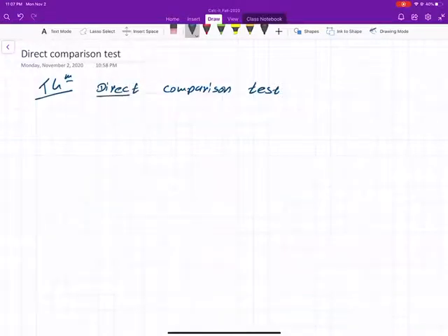All right. So this is the theorem, direct comparison test. Let an be smaller than or equal to bn for all n greater than or equal to 1.